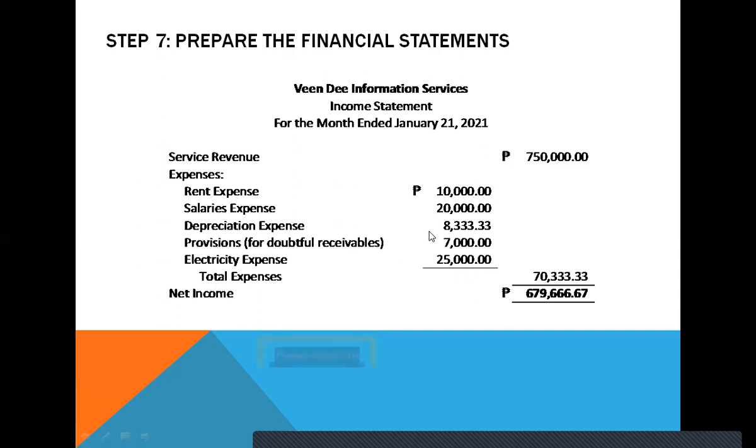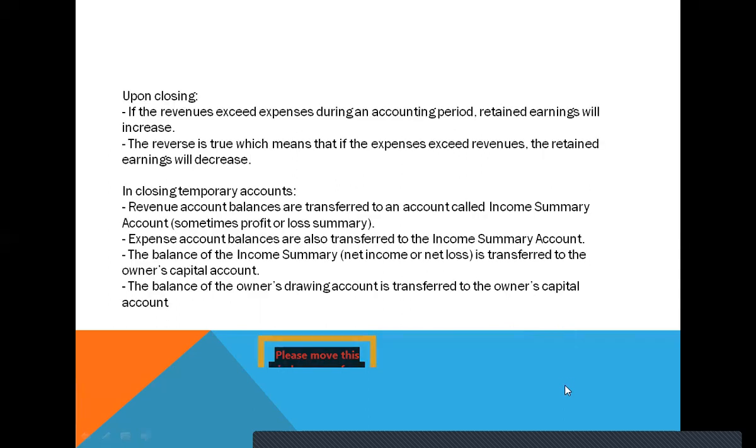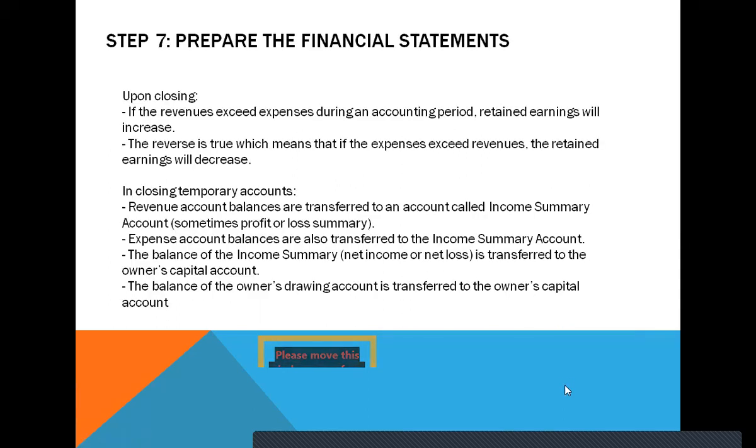So the total expenses is 70,333.33. You deduct this from 750,000 pesos, your service revenue. So the income is 679,666.67 pesos.